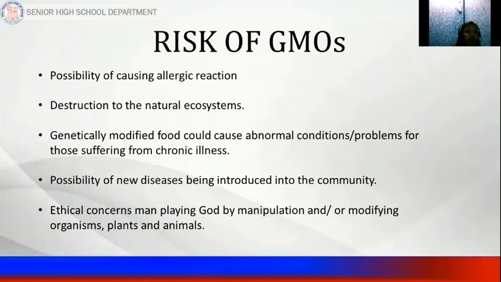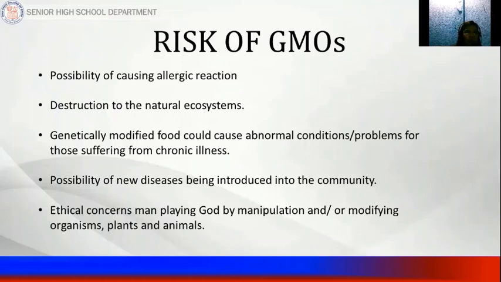And then of course there are possible risks. If it happened that the GMO or that organism is being tested, it can possibly cause an allergic reaction. And it can also disrupt the natural ecosystem. Natural, meaning it has changed, it's now going artificial. So the ecosystem will change.